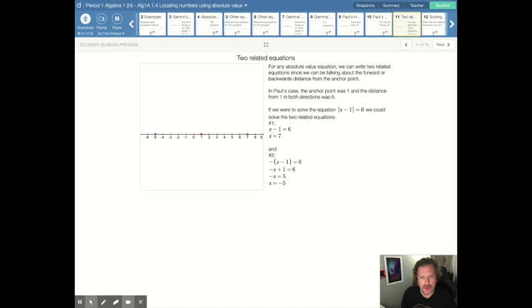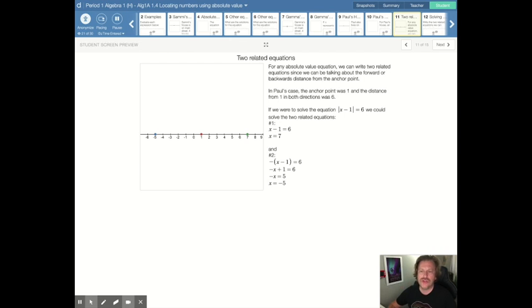Example 1: x minus 1 equaling positive 6, and 2: negative quantity x minus 1 equaling positive 6. Now, that is definitely one way to view it.